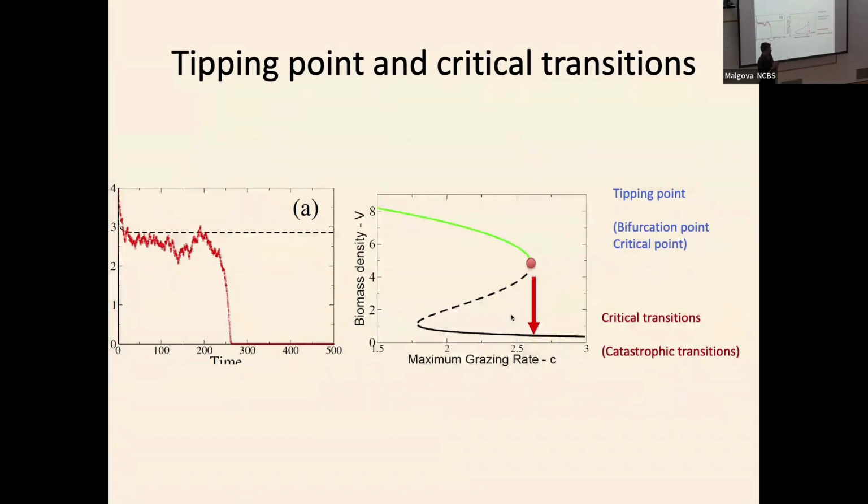Maybe just to add to that. I think sometimes the thing that's not clear when you look at a diagram like this is that for every value of C, there exists a potential. And as you change the value of C, you change what your potential looks like.